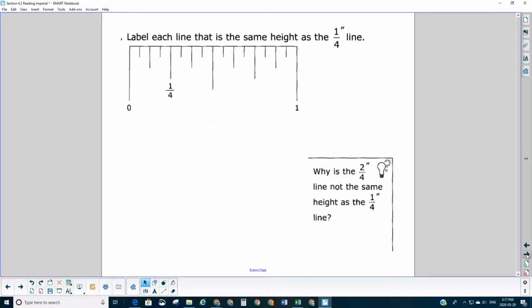Let's go over and answer the questions on page 85. So we're going to label each of these line segments that are the same height as the 1/4 line. So you see here's the 0 and 1, and this is the 1/4 line that they're looking at. And of course, that one and this one are the same height. That means we have to label this guy.